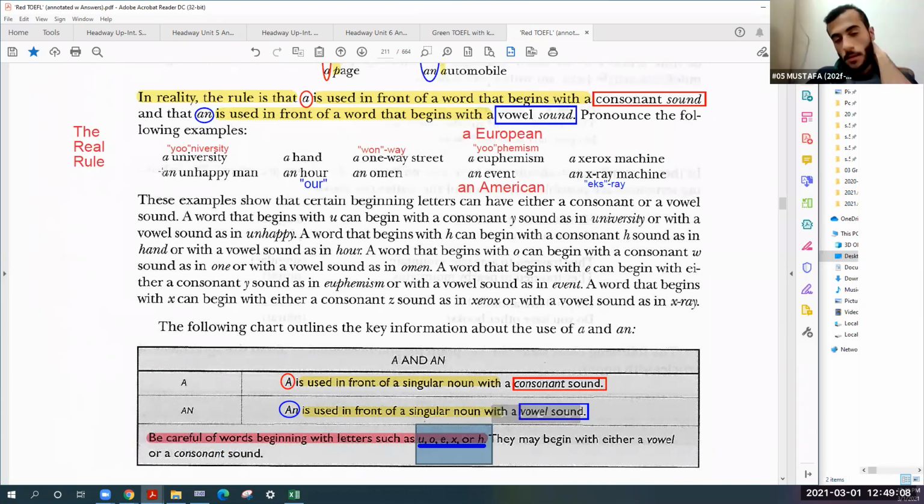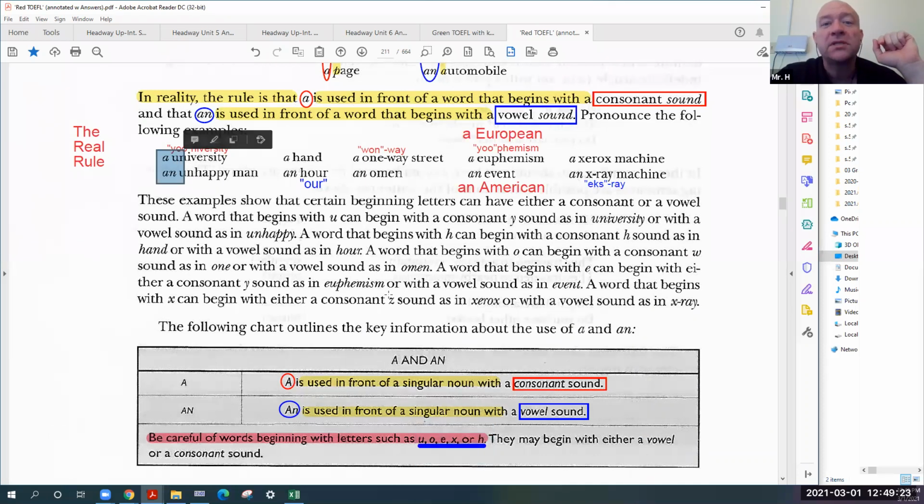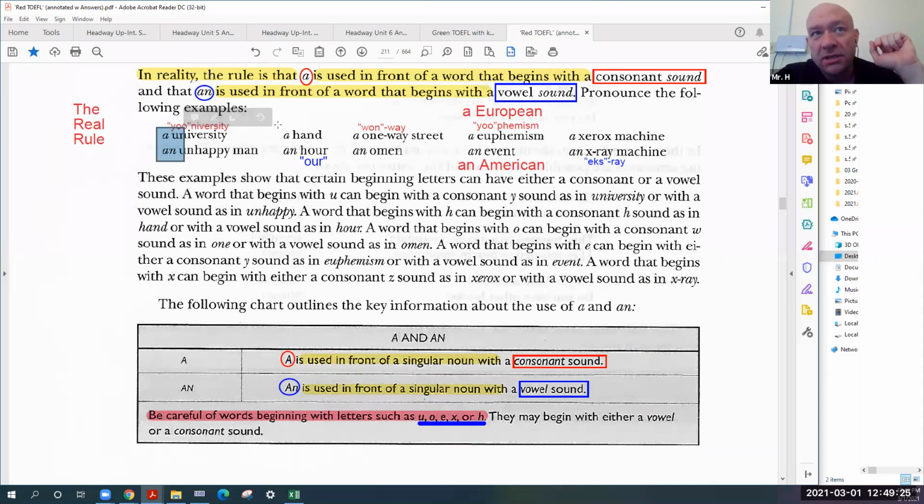Look up here. You see the U? Maybe it's a vowel sound, maybe it's a consonant. And the H, here's H. Then O, maybe a consonant, maybe a vowel. What else?